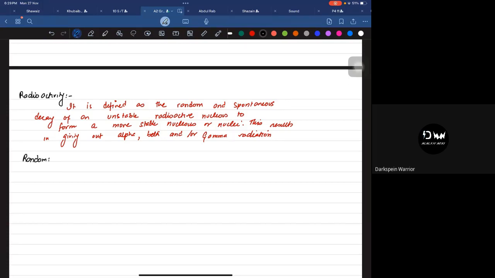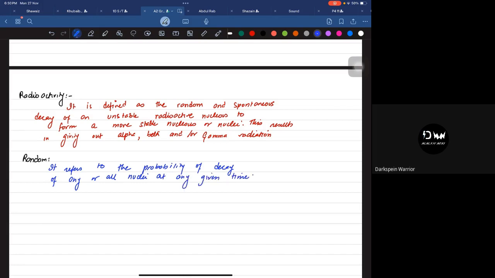Random refers to the probability of decay of any or all nuclei at any given time.